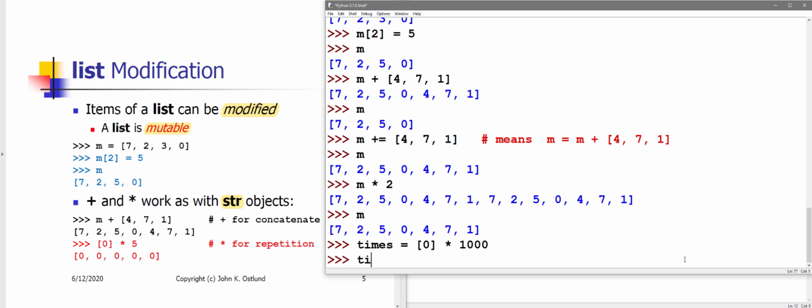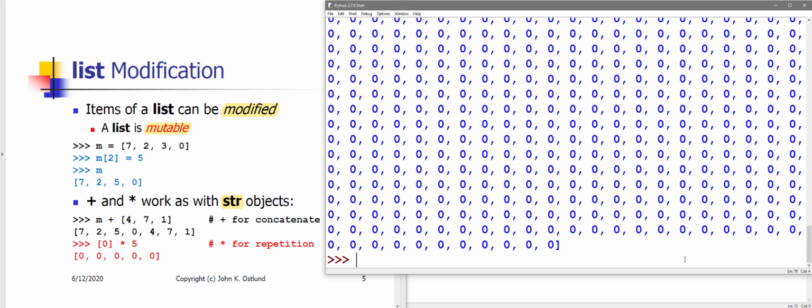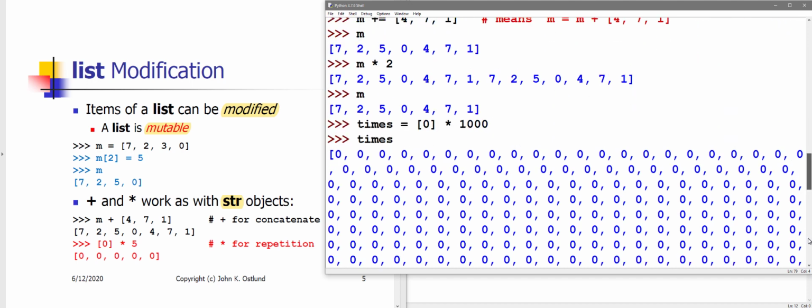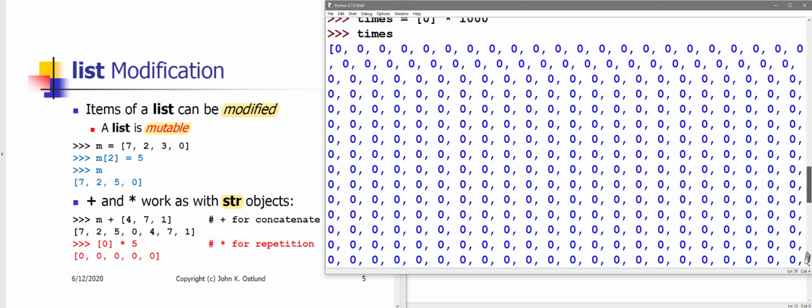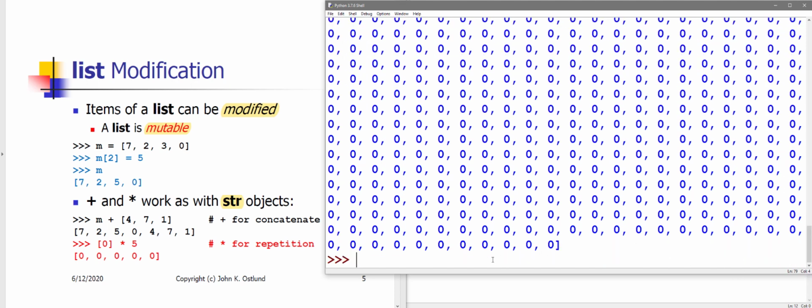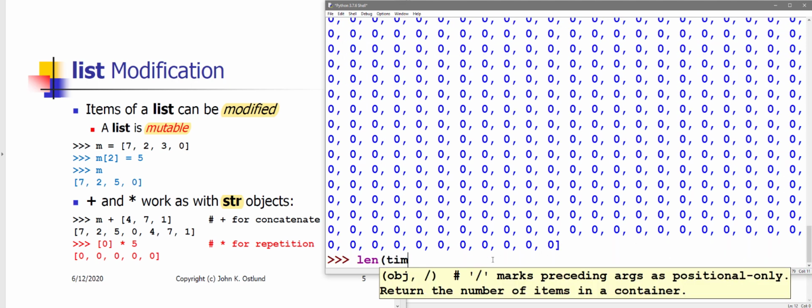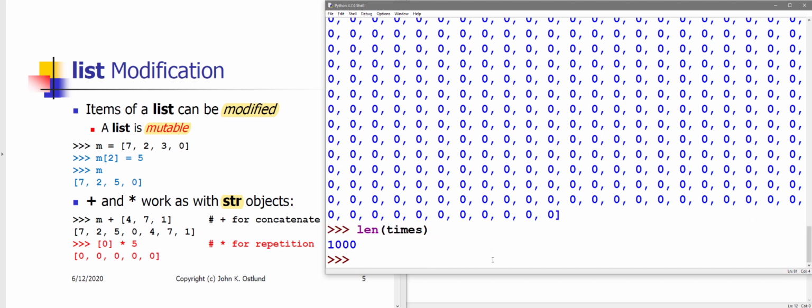I've got now this times list containing 1,000 values of 0. And when I display times, it goes zooming off the top of my screen, okay? But it does contain 1,000 values, and each of the values in there is a 0.